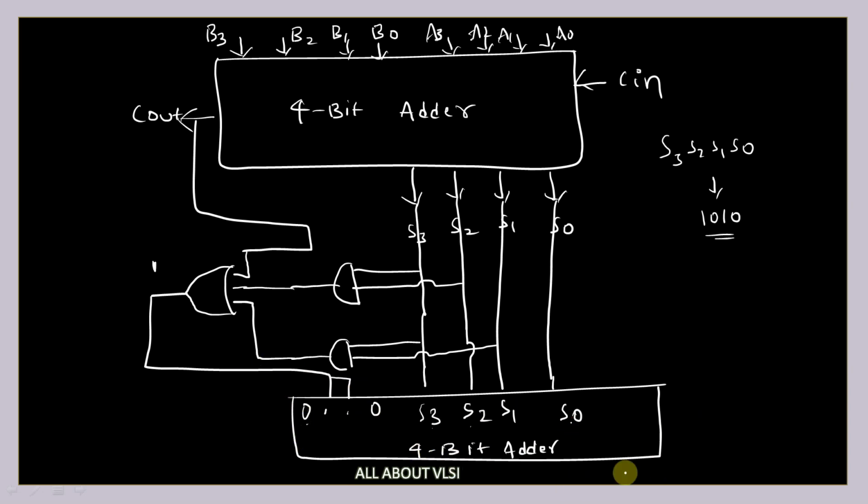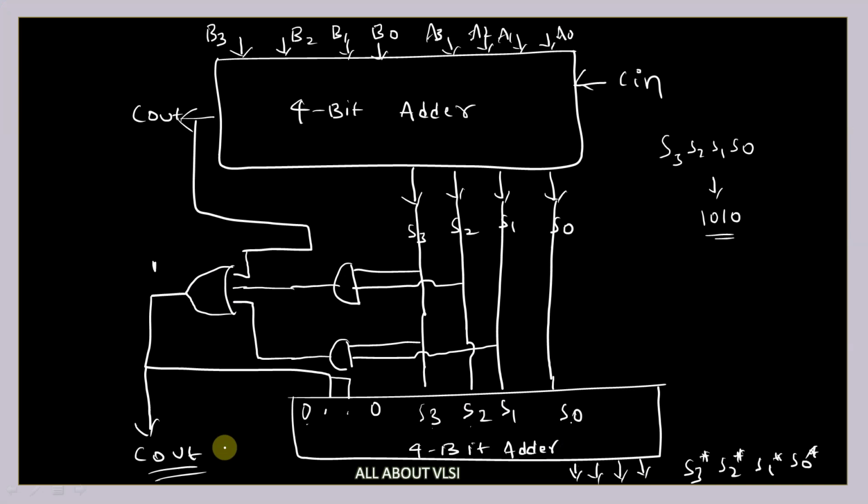From the output we are going to get the final output sum, which you can mark as S3 star, S2 star, S1 star, and S0 star. This is our final output, and the carry we can take from here, C out. So this is how we are going to design a 4-bit BCD adder. Is this clear?